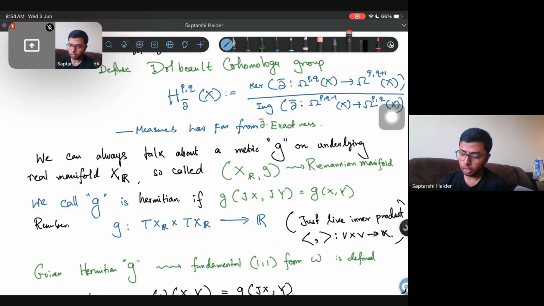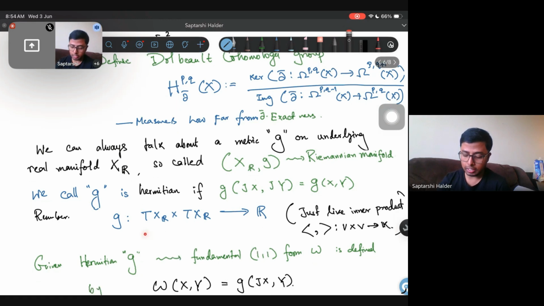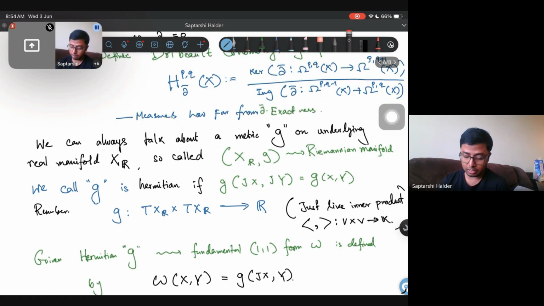So basically G goes from T_X,R times T_X,R to R. These T_X,R are vector spaces, so we can regard G as an inner product, like what I have written over here. What it means for G to be Hermitian is that G takes two elements, Jx and Jy, and spits out G(x, y).